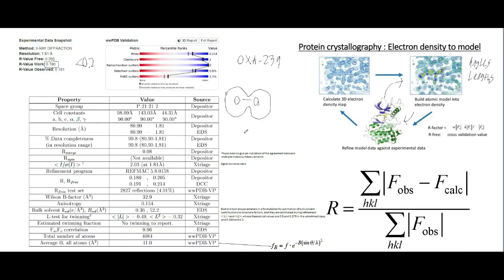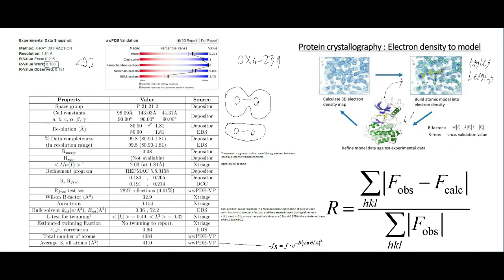If you have worse resolution, with two atoms bound together, you're not able to really determine where one atom ends and the other one begins from the electron density.